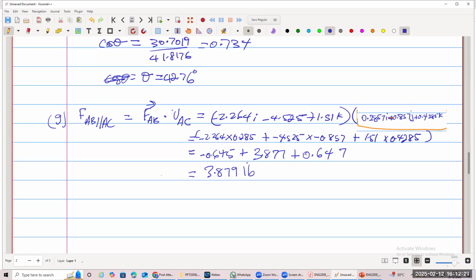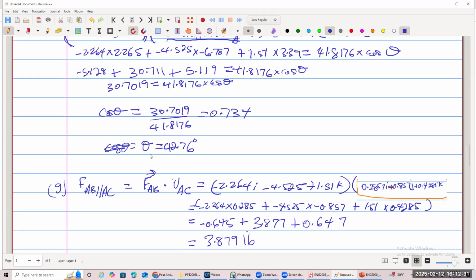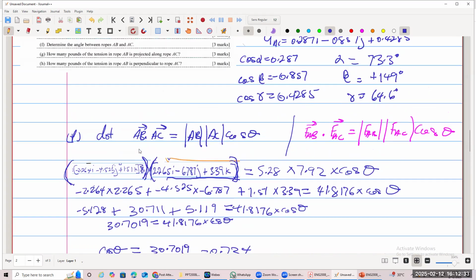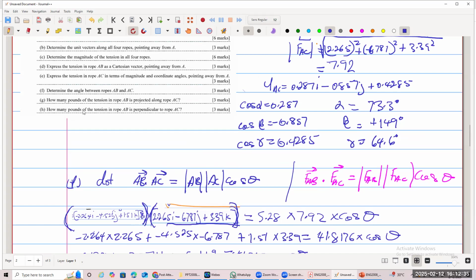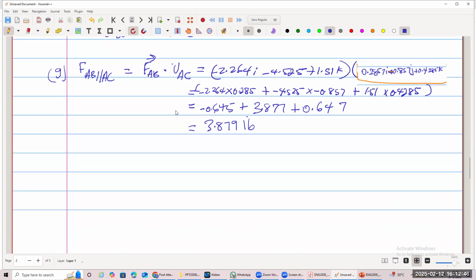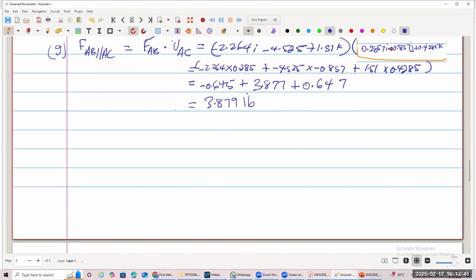And the last part of it now, the last question, I know the time has gone a little bit. It says how many pounds of the tension in the rope AB is perpendicular to the rope AC. Now, you remember, you have two ropes, one projected on the other.